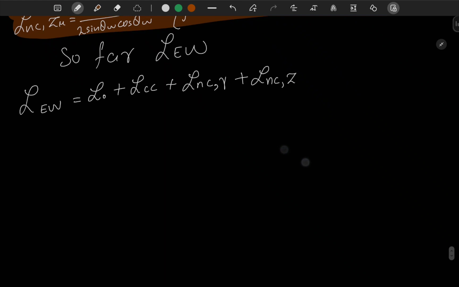So what kind of interactions can this Lagrangian define?